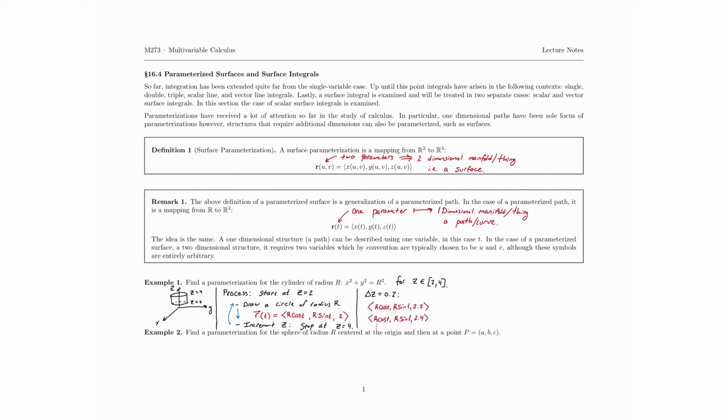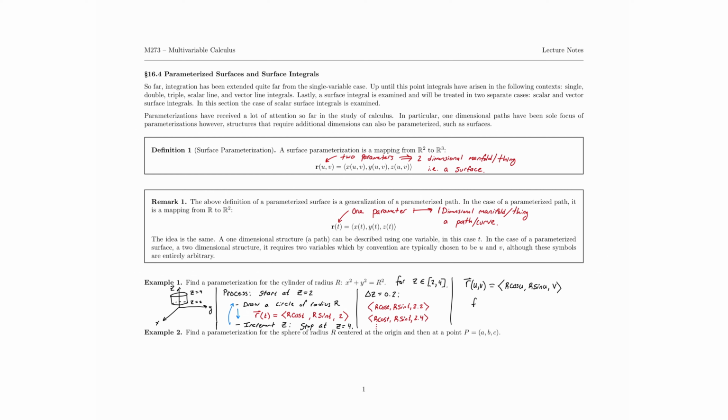And then this z value, we'll just put v. So this should give us the following. R of u comma v equals r cosine u, r sine u, and v.